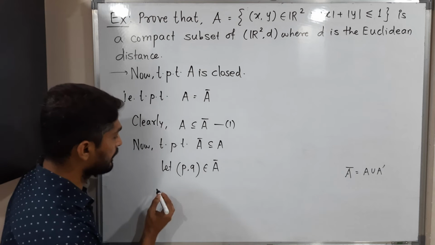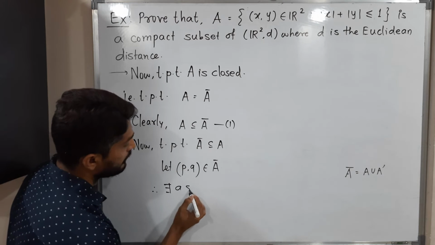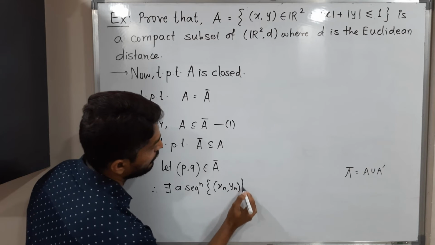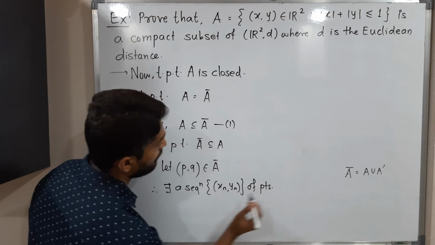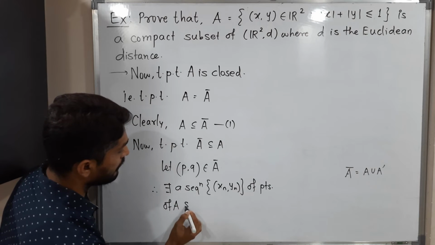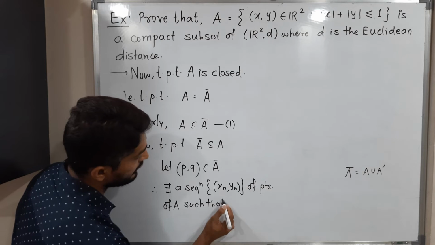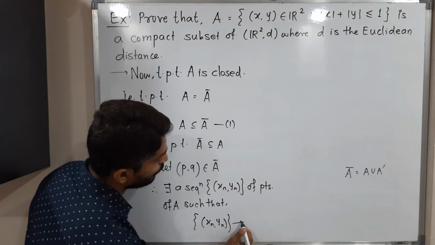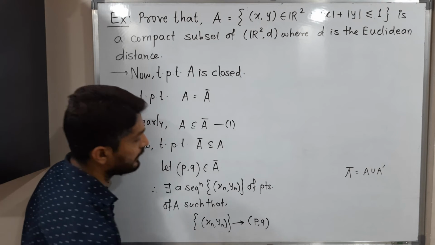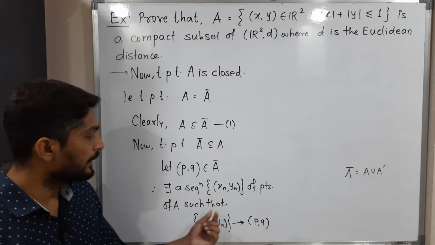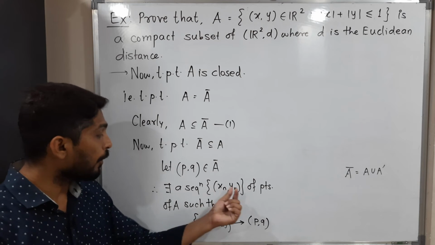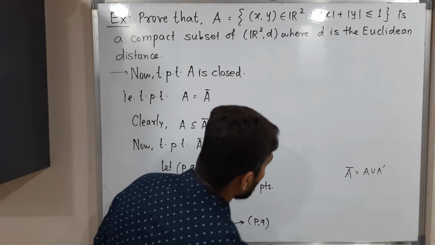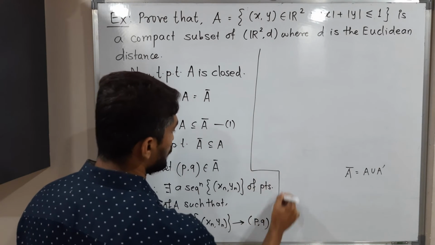So I can use that here. Therefore we get a sequence (xn, yn) of points of A such that (xn, yn) converges to (p, q). This is a very important thing.